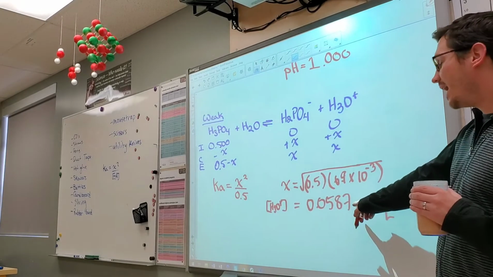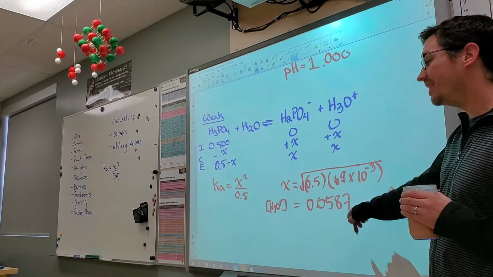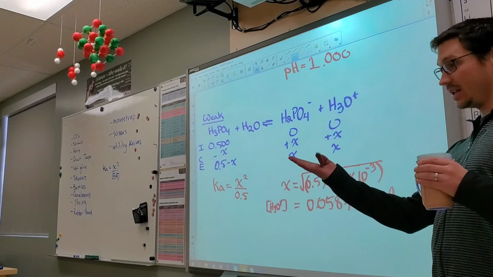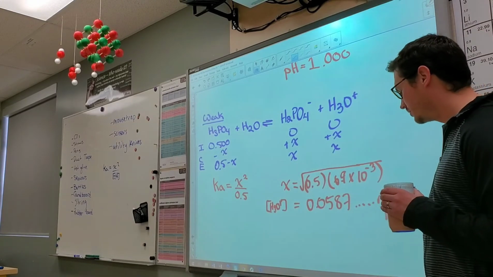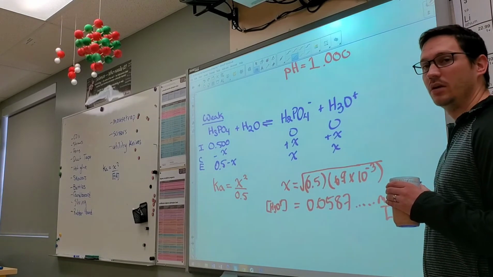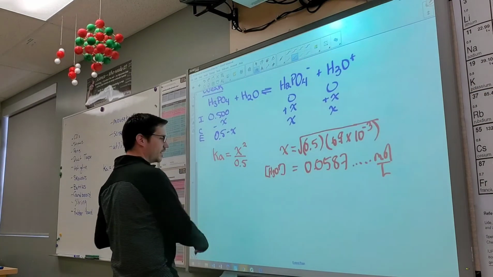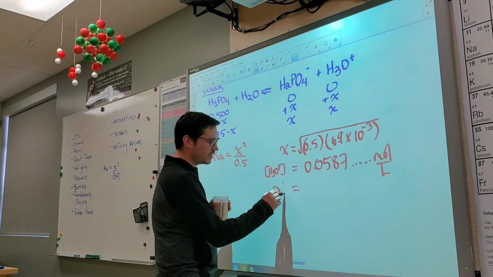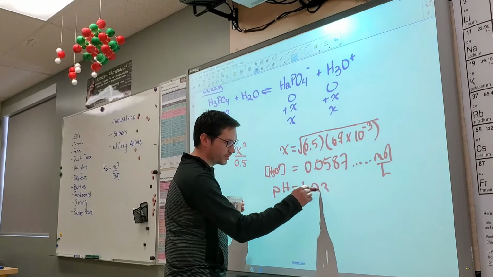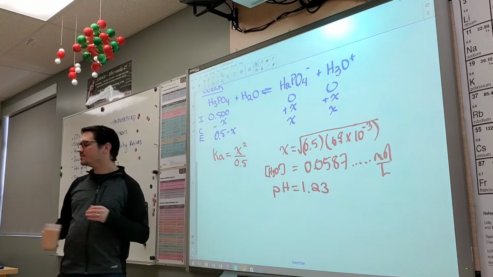So how could I get a pH from this? Negative log. Go ahead, negative log this. 1.23. So pH is 1.23. So which one of these is more acidic?